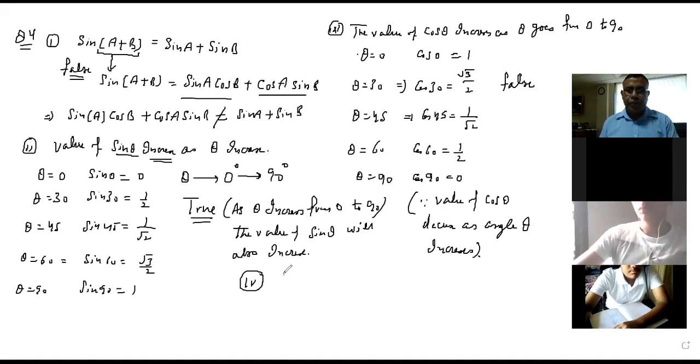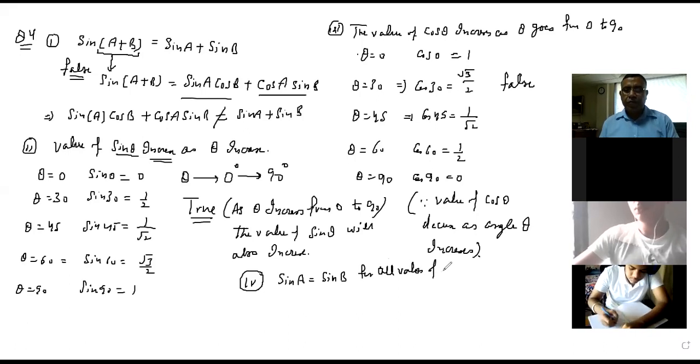Fourth is saying sin A is equal to sin B for all values of A and B. False. Sin A is equal to sin B only if A is equal to B is equal to 45.